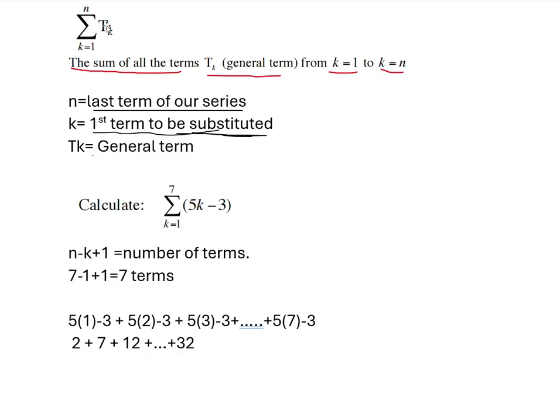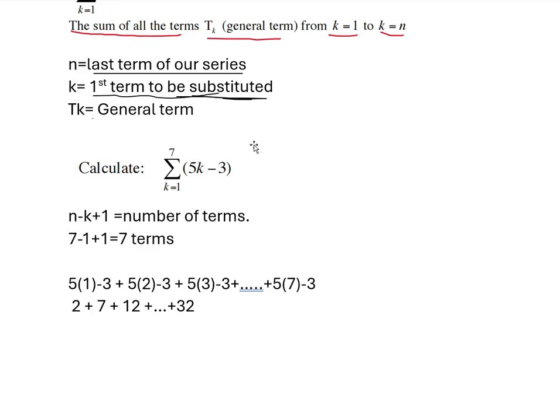Then they say calculate. The question said calculate this, and whenever you see this symbol here, you need to add. So you can just use the formula for summing here and get your answer. These are the formulas that we can use, but I'll choose to use this one, which is easier. I'll say S, remember, replace n with the number of terms.